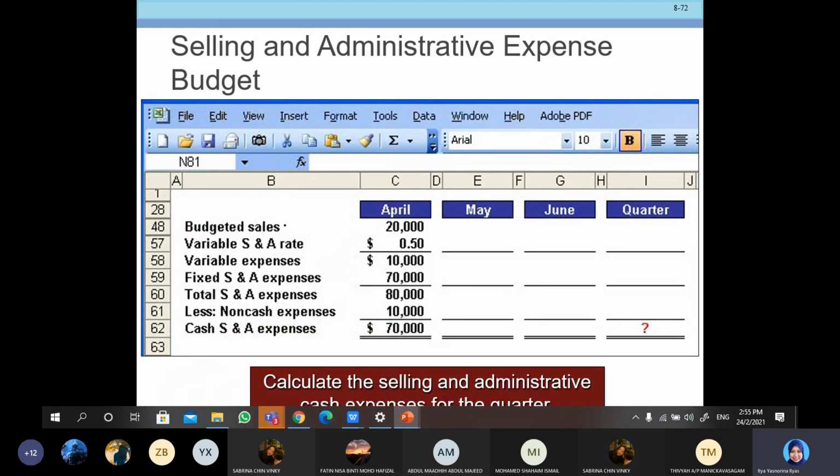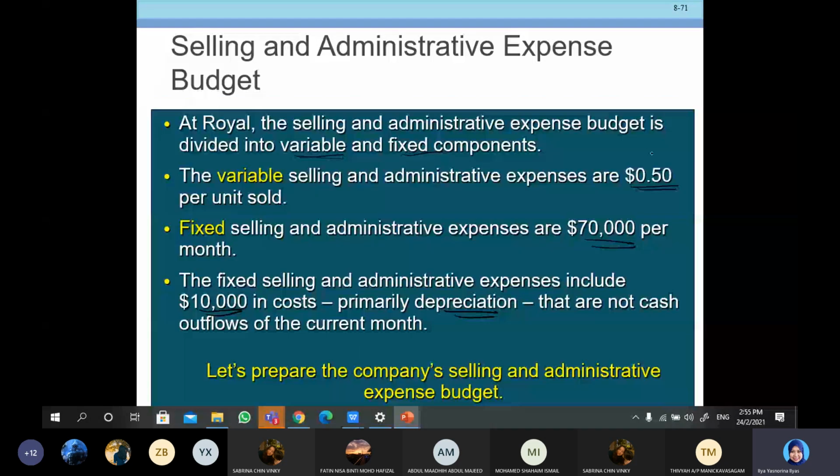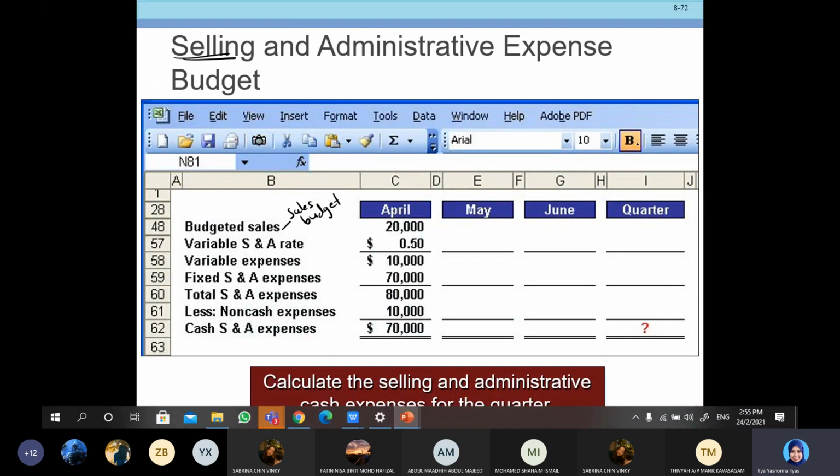So budgeted sales is based on the sales budget, because we are doing selling, not production. 20,000 times 50 cents, then we get 10,000.